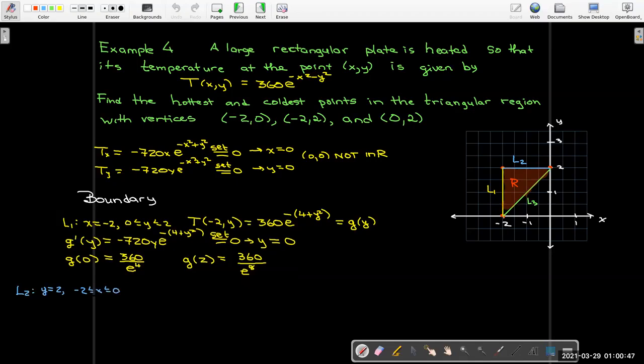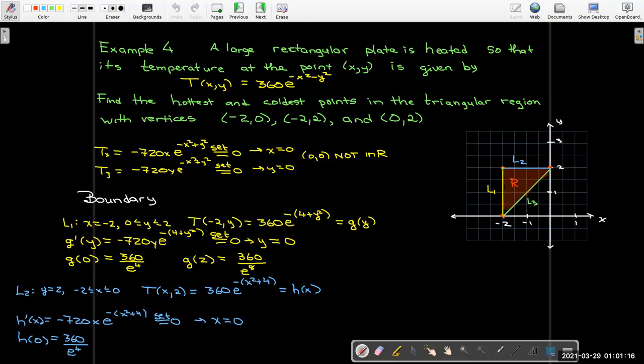And in the second line, this horizontal line, I'm going to see something similar happening. Now I replace y with 2. I get a function of x only, which I call h of x. I take its derivative and set it equal to 0. And that gives me x equals 0, which again is one of my endpoints. So I only need to evaluate this at x equals 0 and x equals negative 2.